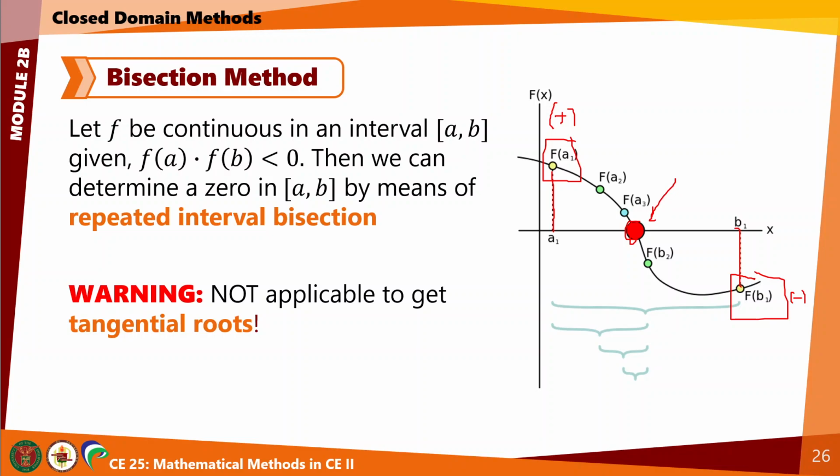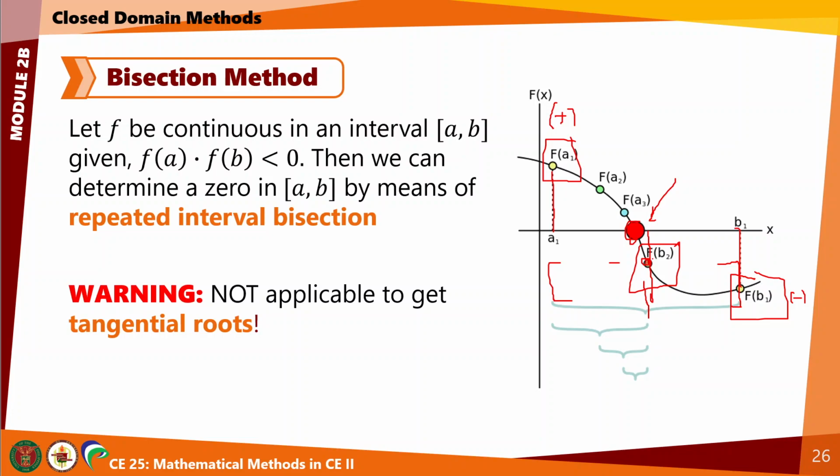Okay, sabi nga rito, by means of repeated interval bisection. So this is our initial interval. Kunin natin yung midpoint, kalahati. So this one. Ito yun. Yung b sub 2. Okay, and then kunin natin yung value ng function na yun sa midpoint na yan. Okay, and based from this graph, nasa baba siya, so negative yung function value natin at the midpoint.